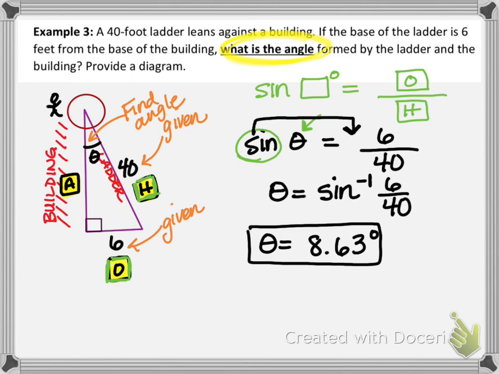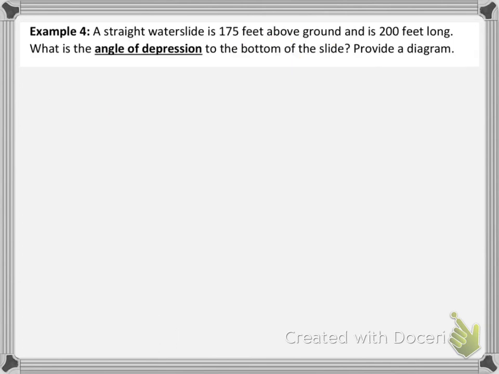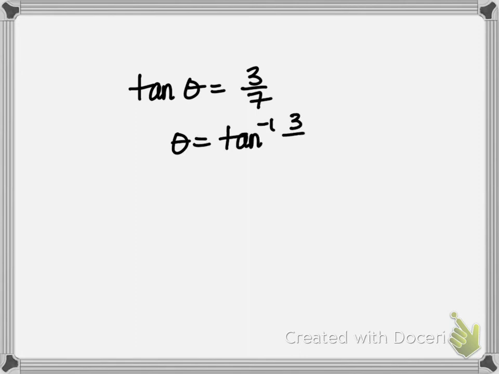For instance, I am going to make up some problems here. Let's say it was tangent theta of 3/7. You would say theta equals tan inverse of 3/7.